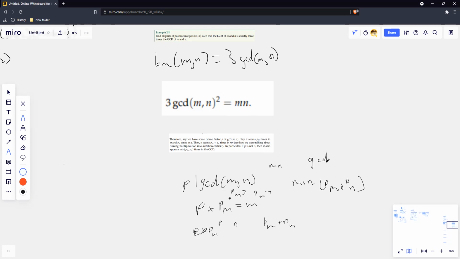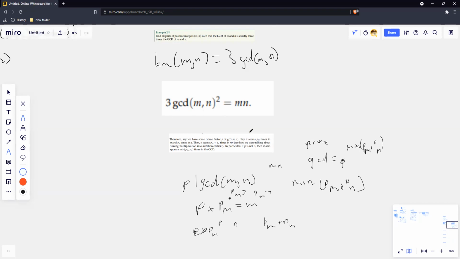GCD has how many factors of p? P to the power of min(a, b).